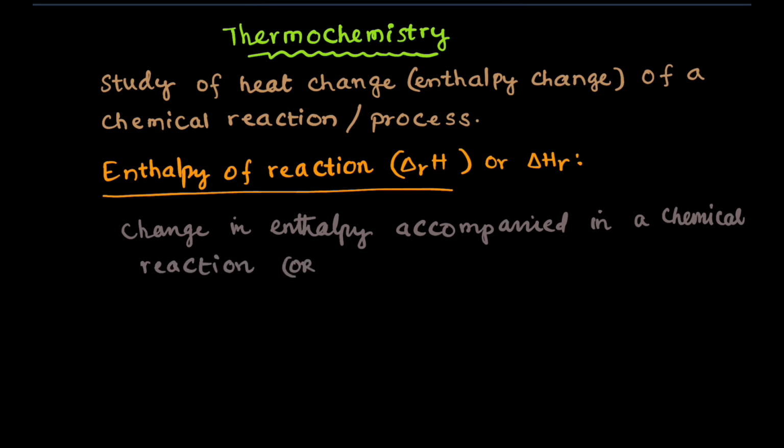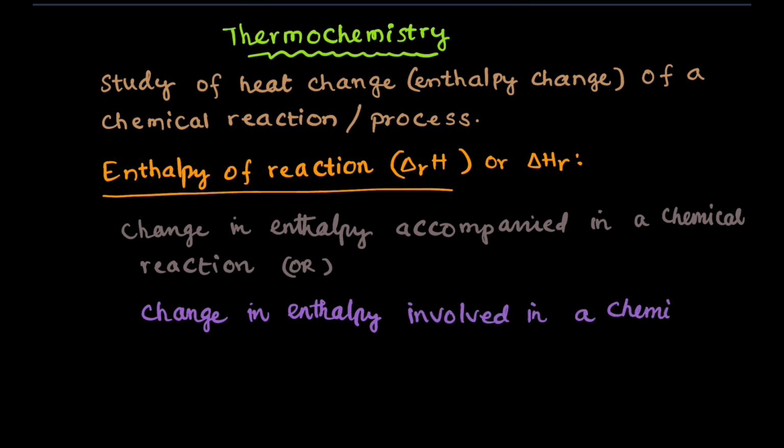That is called enthalpy of reaction. In case you don't know what the word accompanied means, you can write change in enthalpy involved in a chemical reaction. That is called enthalpy of reaction.